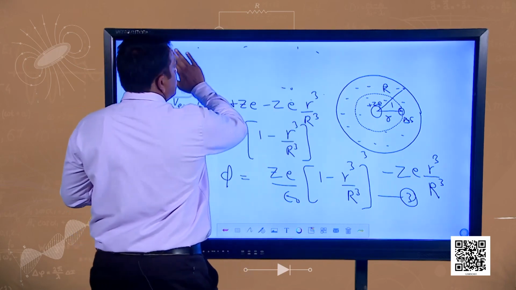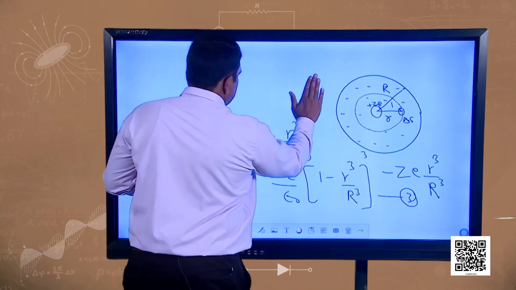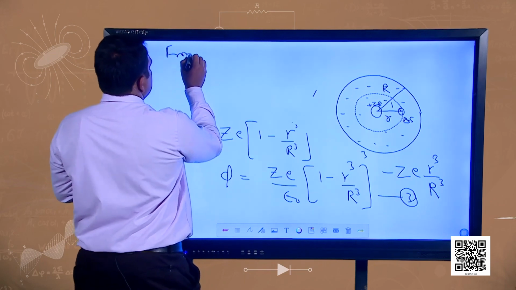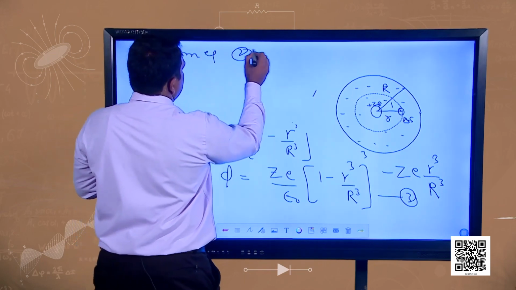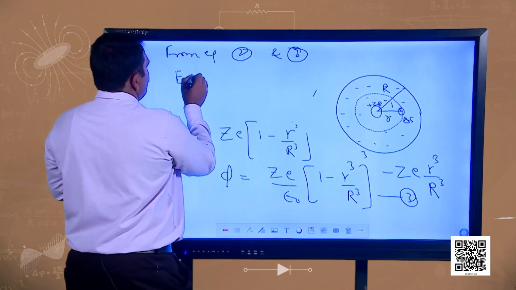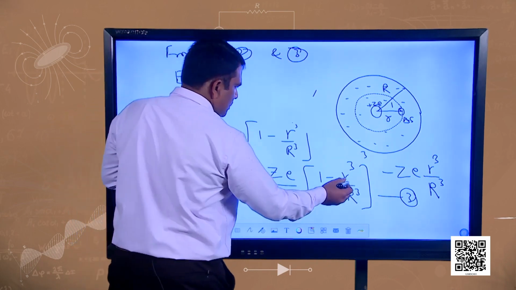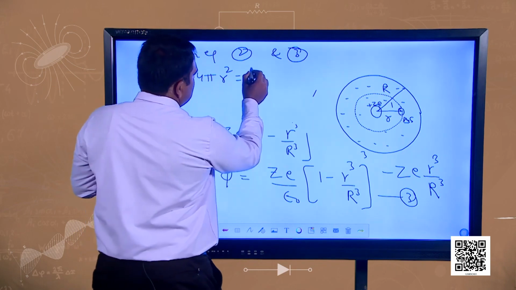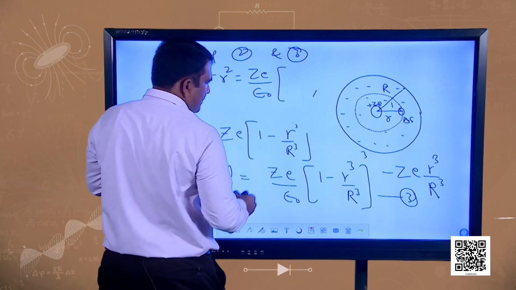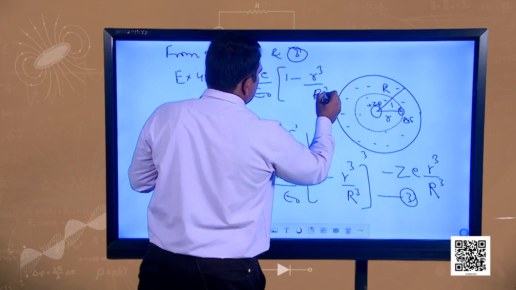Now equating the flux obtained in the two cases, we get from equation 2 and 3, E into 4 pi small r square is equal to ZE divided by epsilon naught multiplied by 1 minus r cube divided by capital R cube.